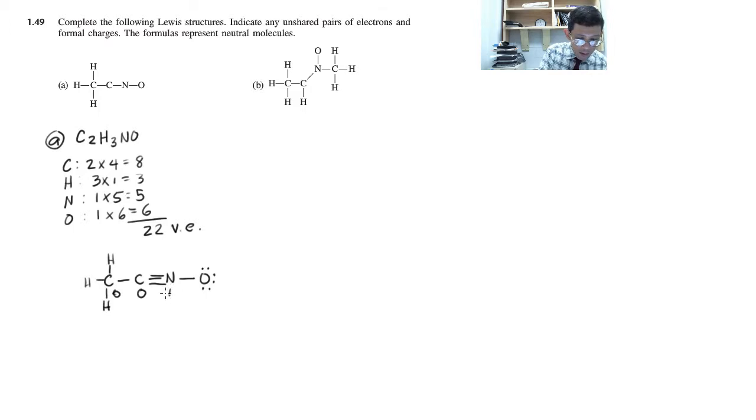So that has a formal charge of positive 1. What about that oxygen there? Oxygen neutral is 6, minus around it you have 7. So 6 minus 7 is negative 1. And of course the formal charges on those hydrogens are 0, 0, 0.